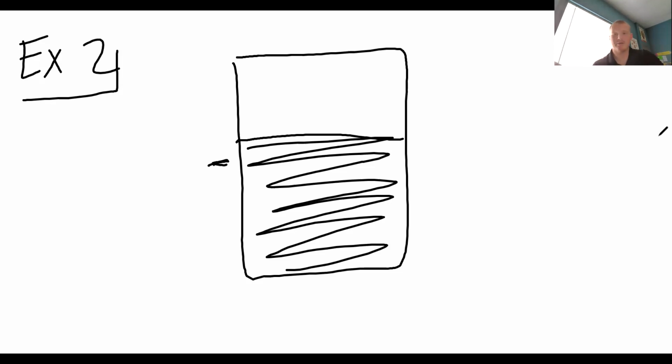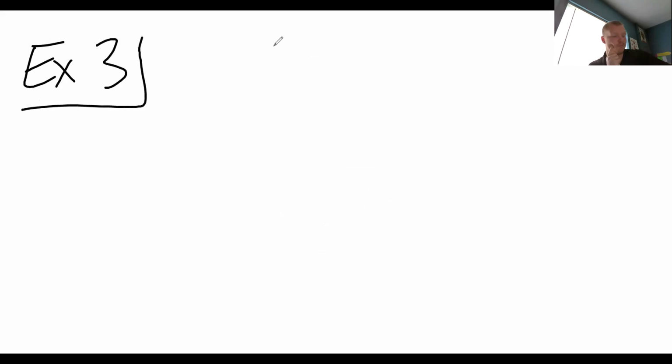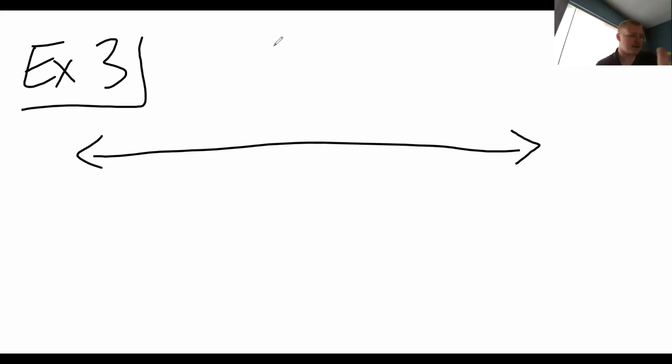Example 3. We have point A represents what mixed number on this number line. Okay. Draw out this number line, and I'm going to go from 8 to 9. We have how many tick marks in between, William?